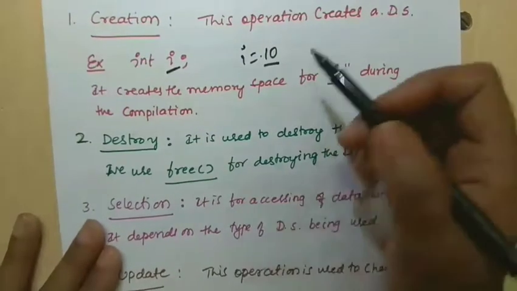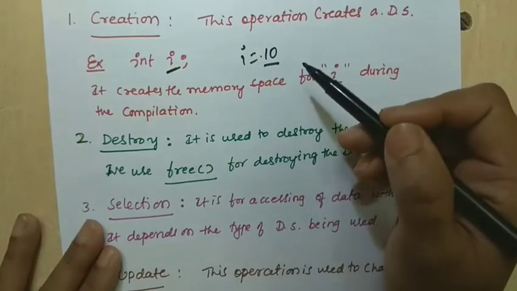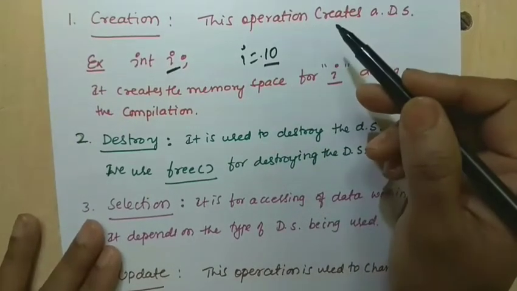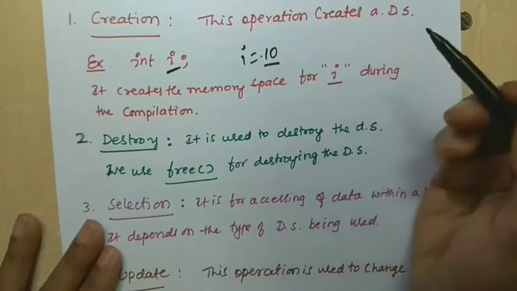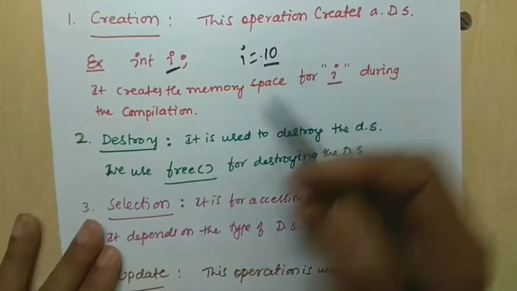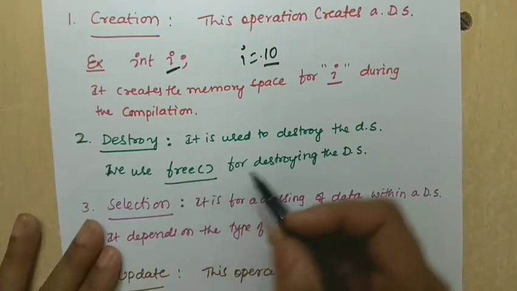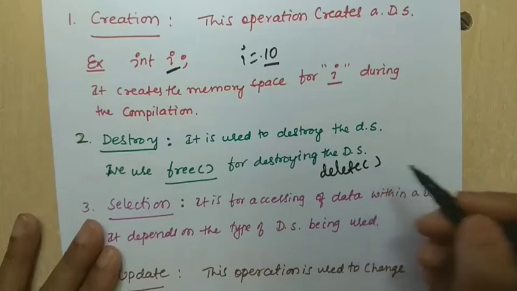If I store the value I is equal to 10, it is created and stored in the memory space. Suppose I don't want it, I can delete it from the memory by using the function called free, or there is one more function called delete.